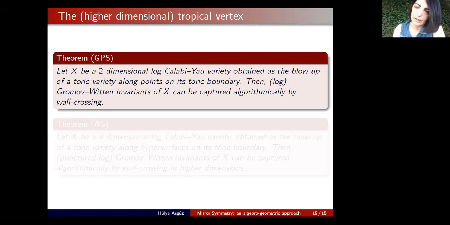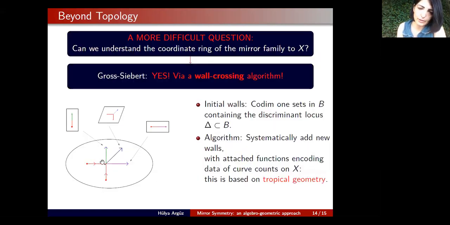So this was shown by Gross-Siebert, who showed that these wall crossing algorithms are very compatible with tropical geometry. There is a systematic way where you add more and more walls by computing commutator groups purely algebraically, actually.